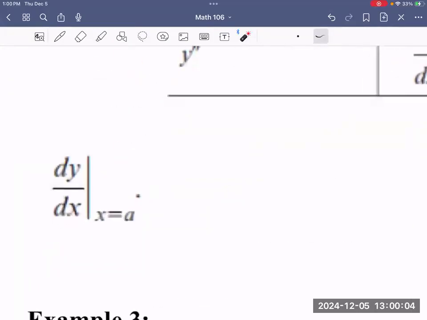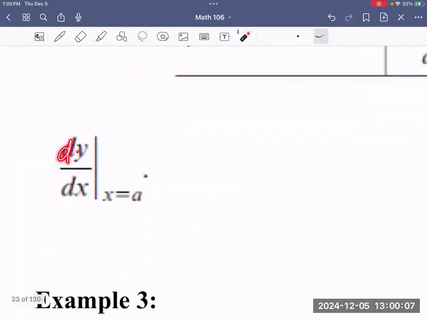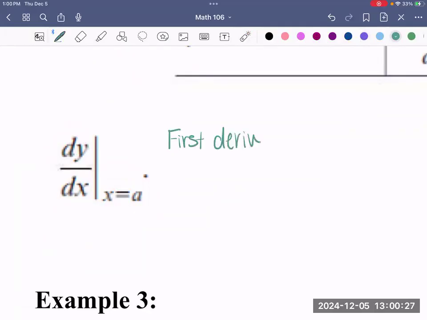It's just a way to say take your second derivative. Another notation here is that you have dy over dx, given that x is equal to a. So it's just saying that after you've derived, we want when x is equal to a. So this just says, first derive x, then find when x is equal to a.